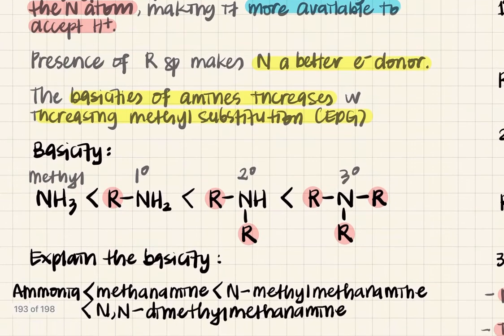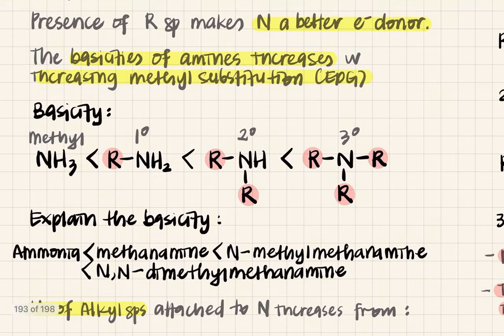Okay, so the basicity of amines will increase with increasing methyl substitution atau more electron donating group. So right here we can see the basicity of ammonia, primary amine, secondary amine and tertiary amine. Ammonia is the least basic because it does not have any EDG.